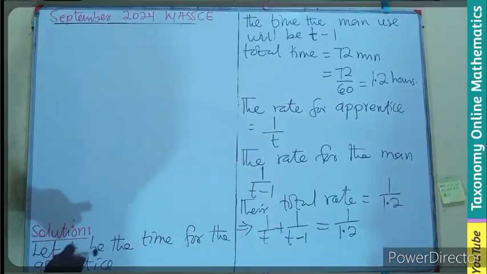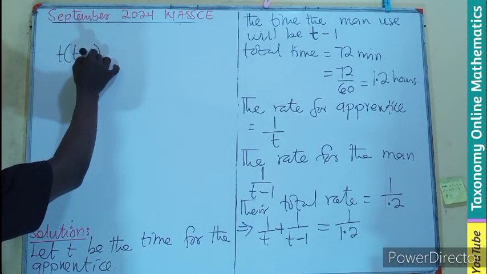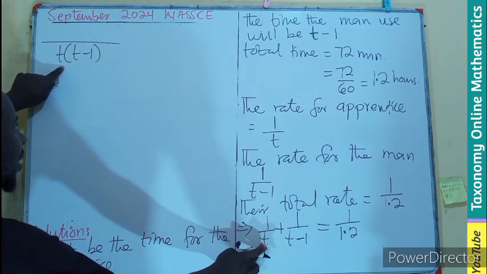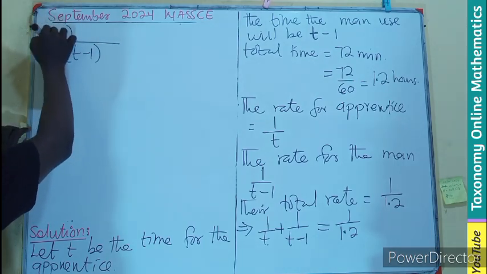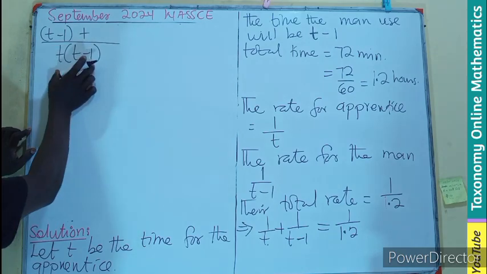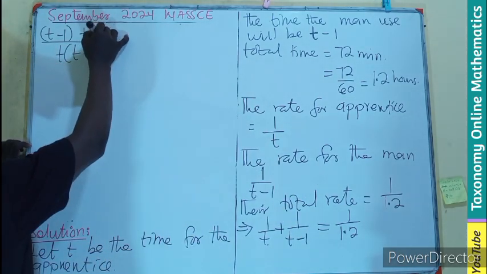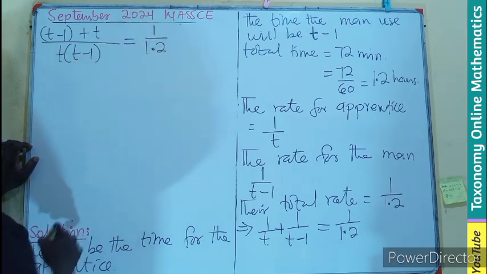So from here, if t divides the LCM, you will be left with t minus 1. Then if t minus 1 divides the LCM, you will be left with only t. So t minus 1 plus t equals 1 over 1.2.